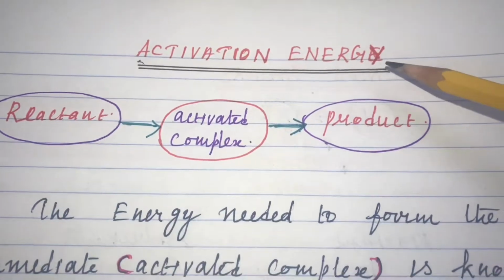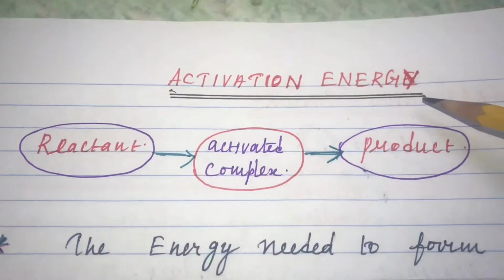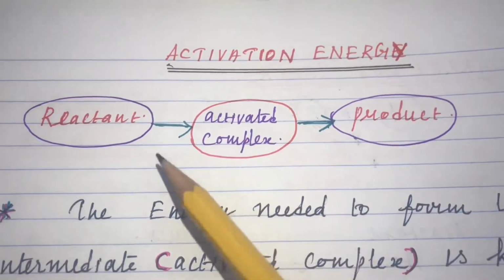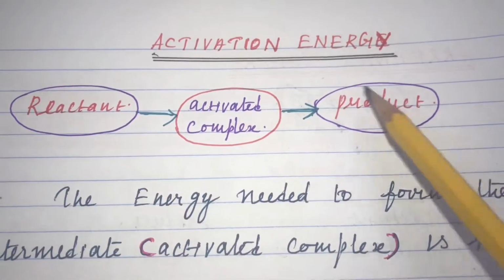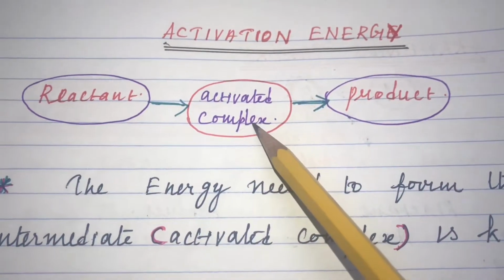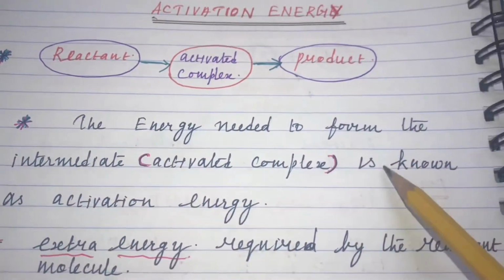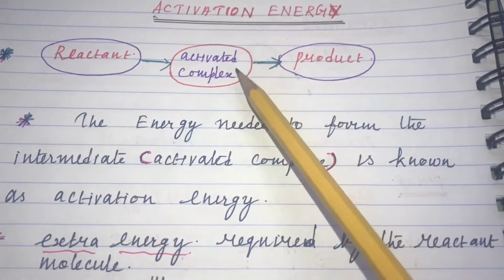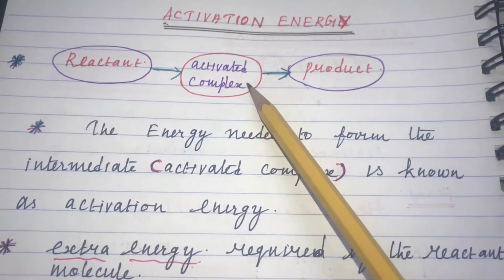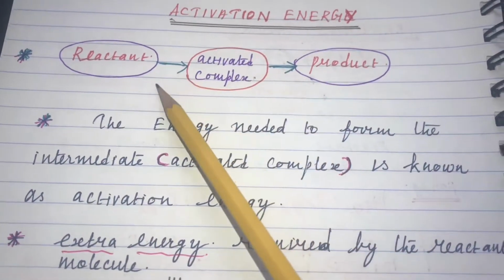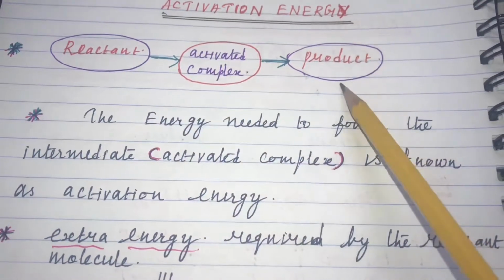The next term is activation energy. What is activation energy? When a reactant forms the product, the intermediate formed at the transition state is called the activated complex. The energy needed to form this activated complex is called activation energy. All reactant molecules are not converting into product.